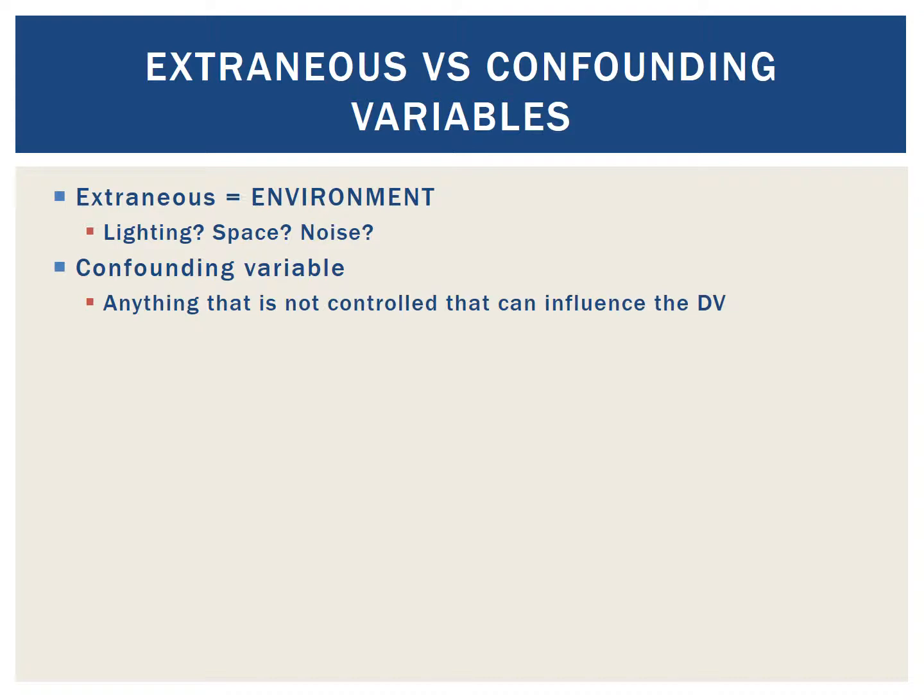Well, extraneous variables are things that are present in the environment that will affect all the conditions of an experiment. So things like the lighting, or how crowded the space is. I once was doing a research study when I was in Utah.